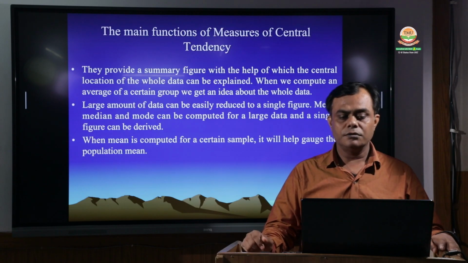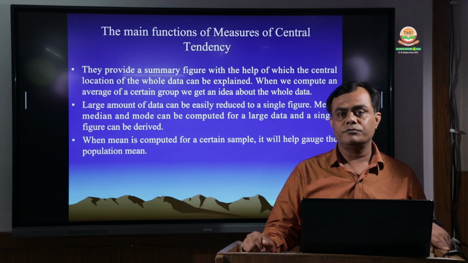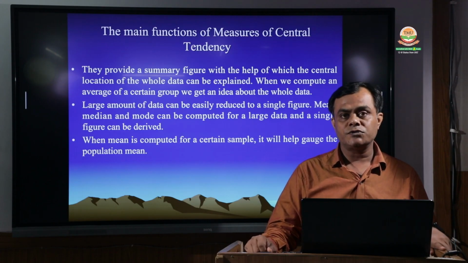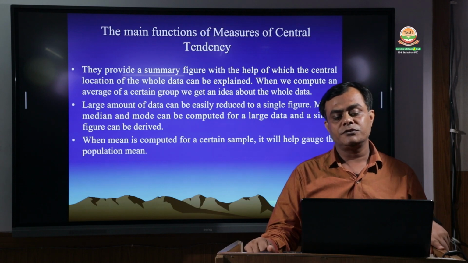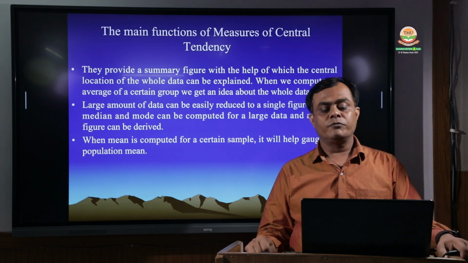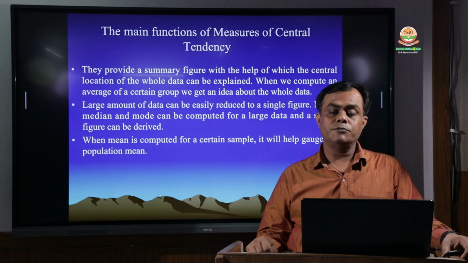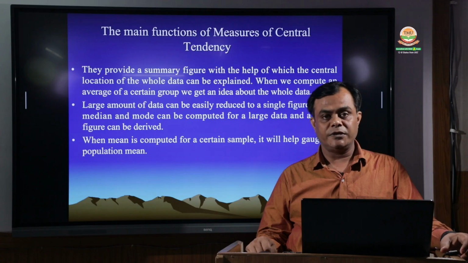Next is the main function of the measurement of central tendency. There are various functions. One of them is to provide a summary figure with the help of which the central location of the whole data can be explained.